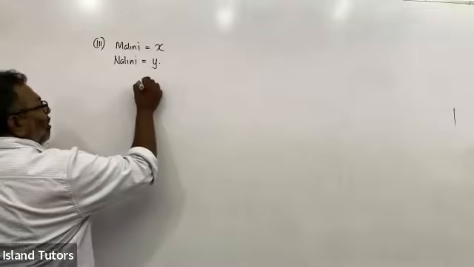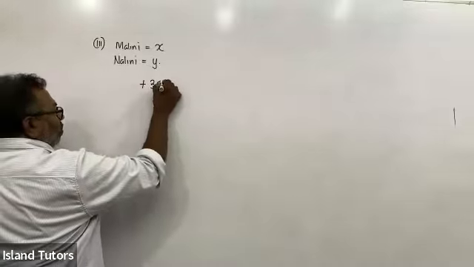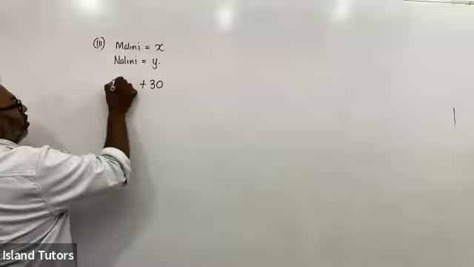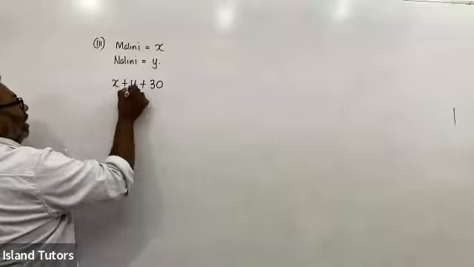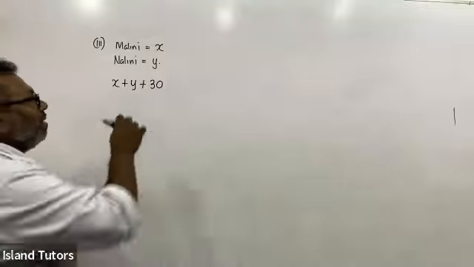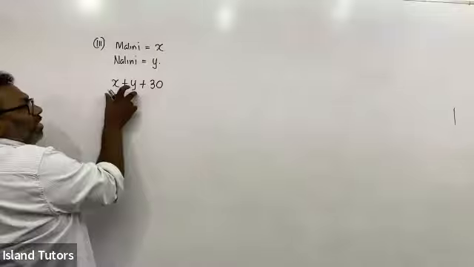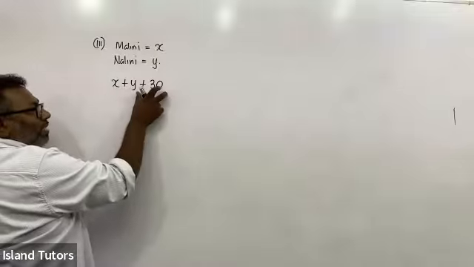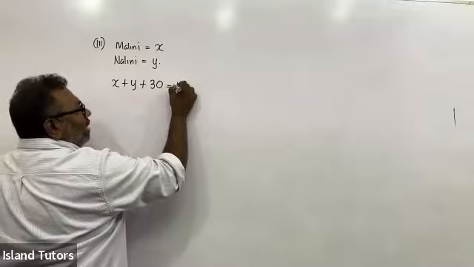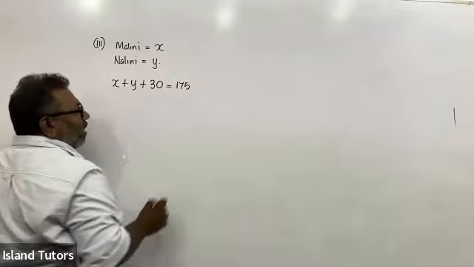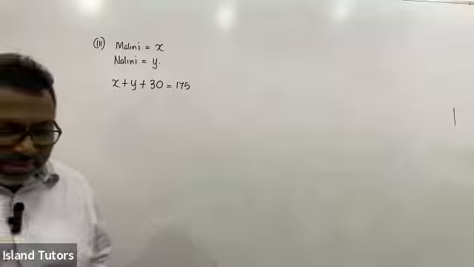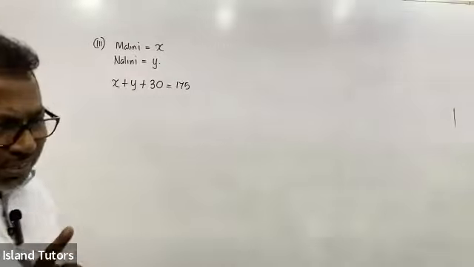So you're going to add 30 rupees to x plus y. Why x plus y? That is the sum of money both of these people have. You're going to add 30 and you're getting 175 rupees. That is your first equation.